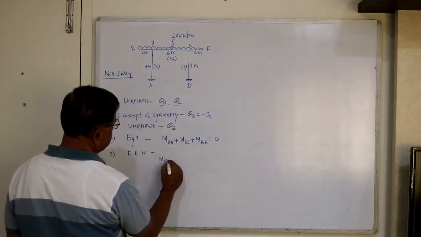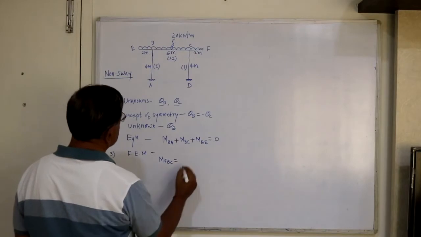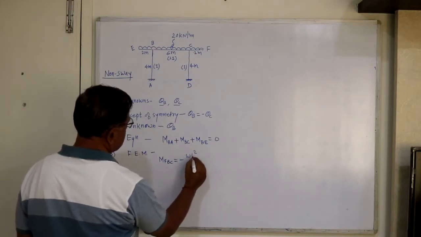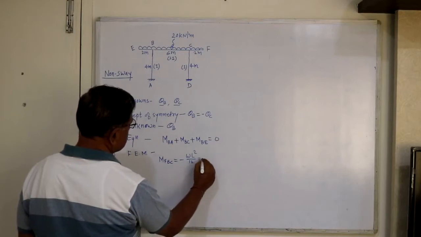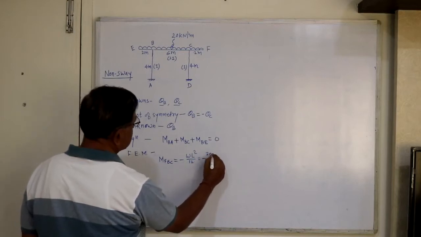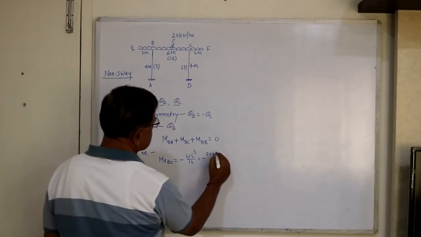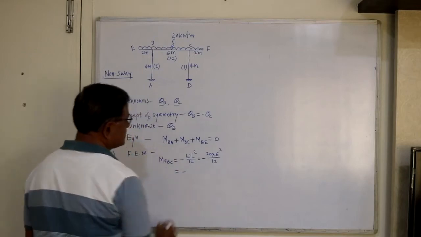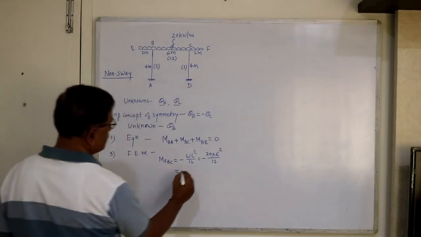That is MFBC equal to, B is the left hand, minus WL square by 12. This is equal to minus W is 20, L is 6 square divided by 12. So this value will be minus 60 kilonewton meter.